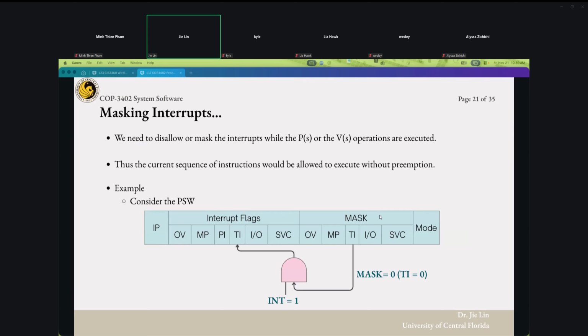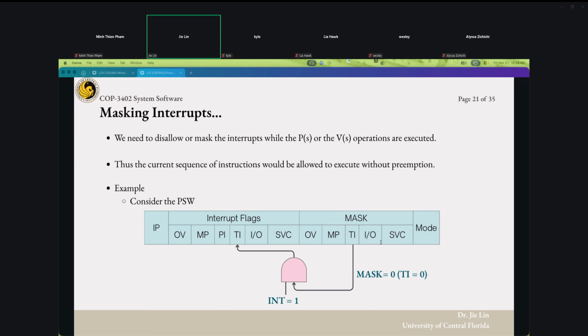But how can we ensure the semaphore operations execute correctly? They must be atomic. It's not a bomb. It means no interruptions should occur in mid-operation. What we have here is introducing one more concept to our PSW.